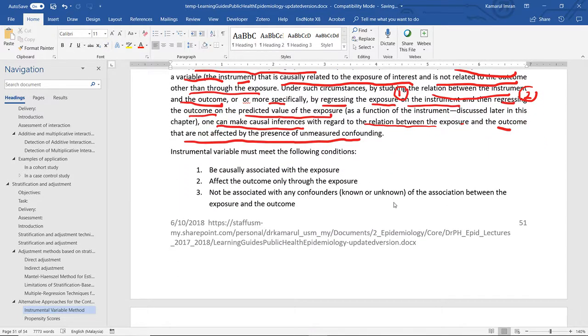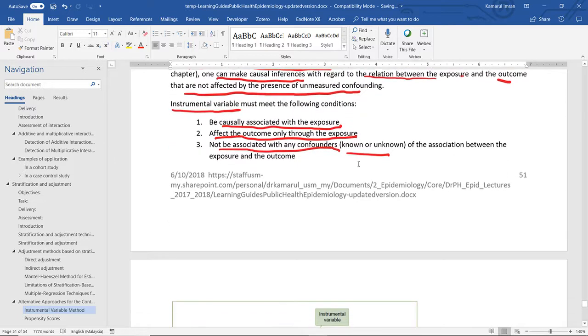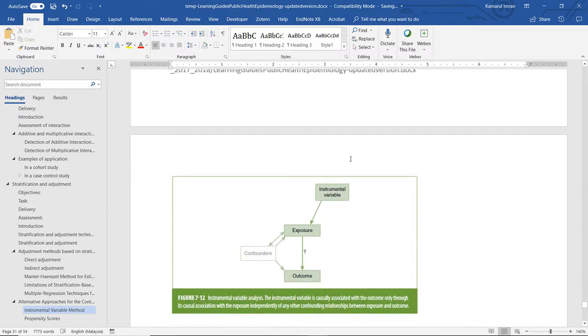You must make sure that the instrumental variable is causally associated with the exposure, it affects the outcome only through the exposure, and it is not associated with any confounders, known or unknown. These are the three conditions that you must meet before you use the instrumental variable technique.